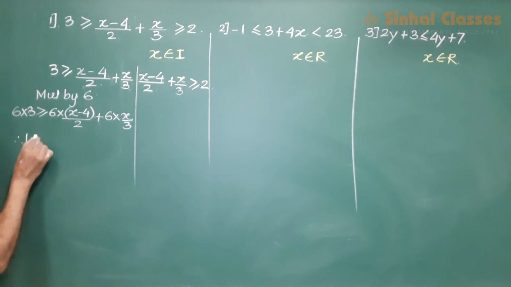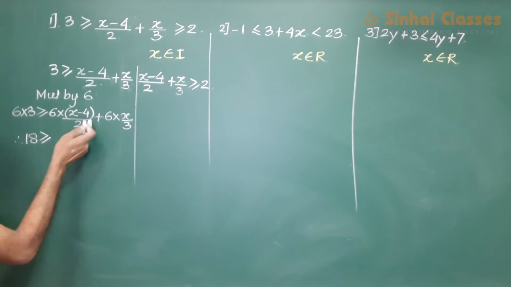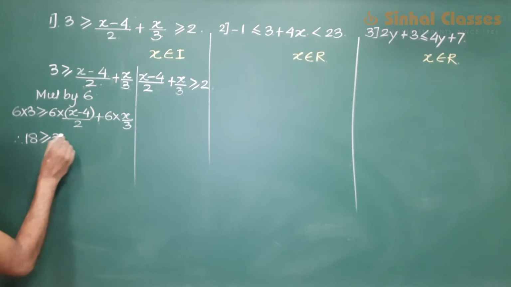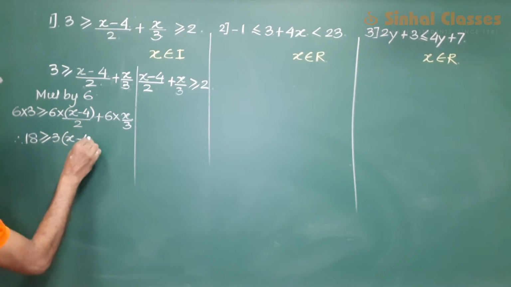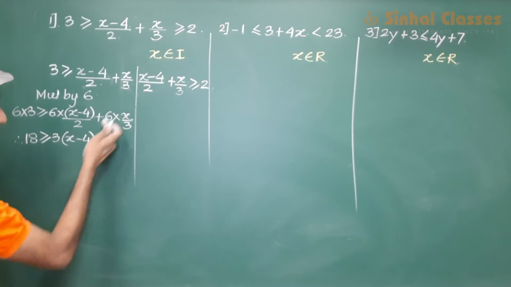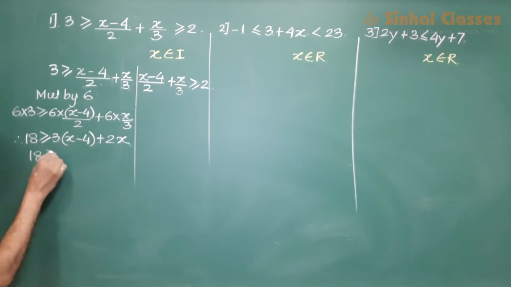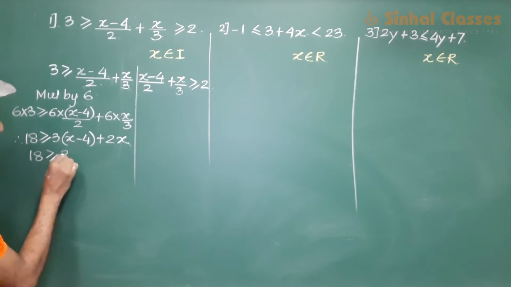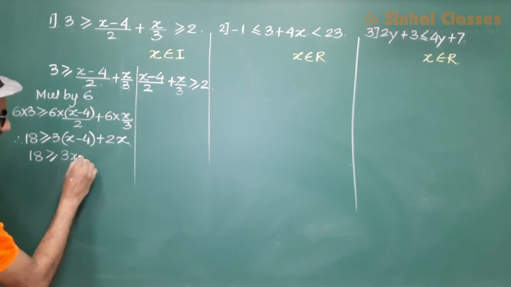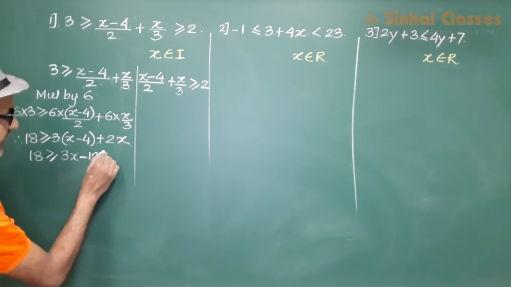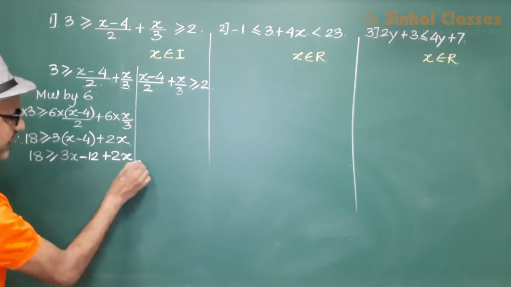With this you get 18 is greater than or equal to 2 ones are 2, 3 twos are 6, so 3 into (x minus 4) plus 3 ones are 3, 2s are 2x. So 18 is greater than or equal to 3x minus 12 plus 2x.